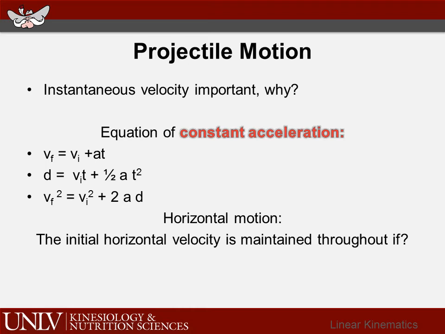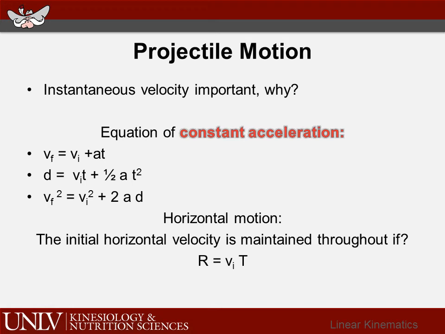There is a time, especially in cycling, where a tailwind may aid your velocity. But for horizontal motion here, we're going to talk about the initial horizontal velocity being constant throughout motion because we're removing air resistance. Okay, so the range, or the horizontal distance traveled, is your initial velocity times your time.